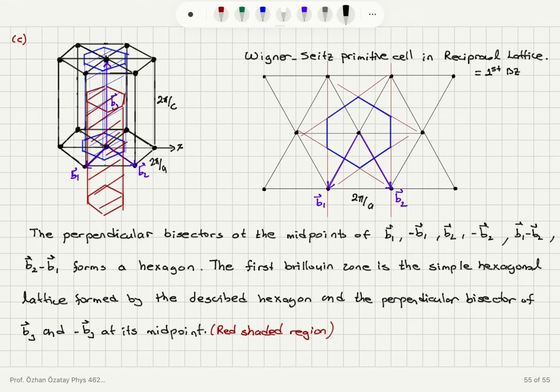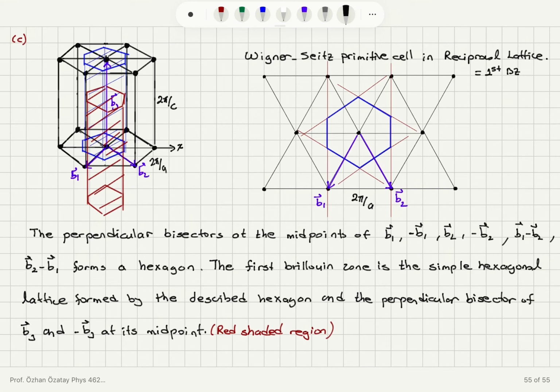There is also b1 plus b2 and minus b1 minus b2, but that is going to give us a perpendicular bisector at the midpoint that will not be intersecting the rest, so we don't have to worry about that. So we have to worry about b1, minus b1, b2, minus b2, b1 minus b2, and b2 minus b1 vectors.